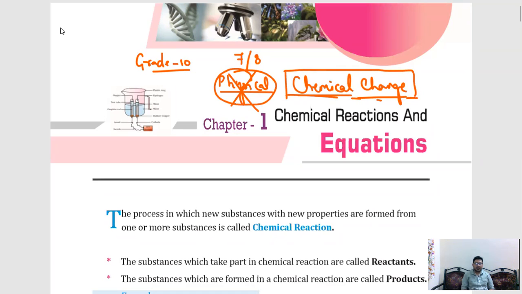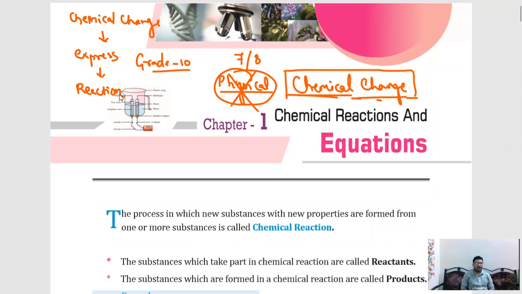Guys, try to understand this flowchart. Whenever there is some chemical change, you can express that chemical change in the form of a reaction.